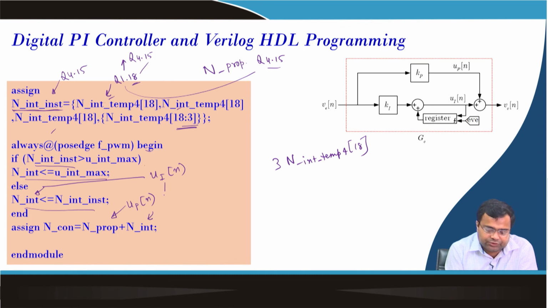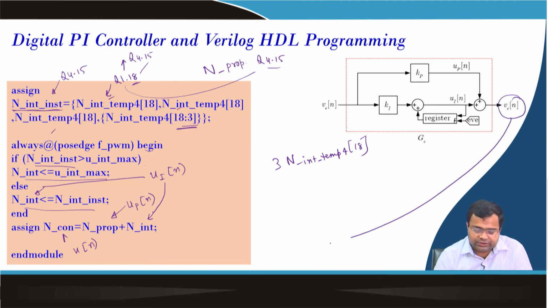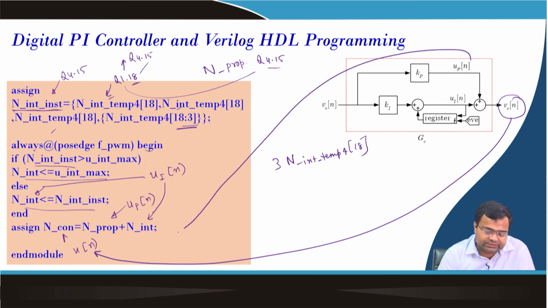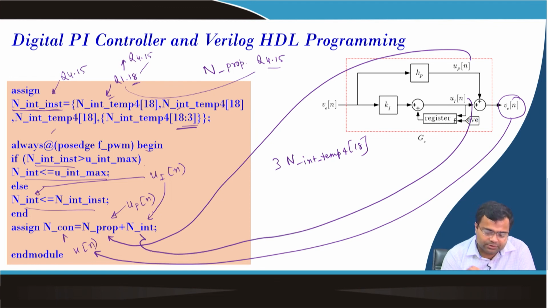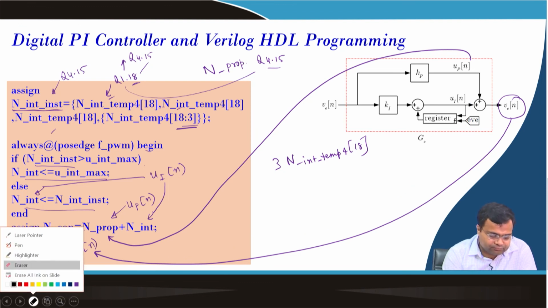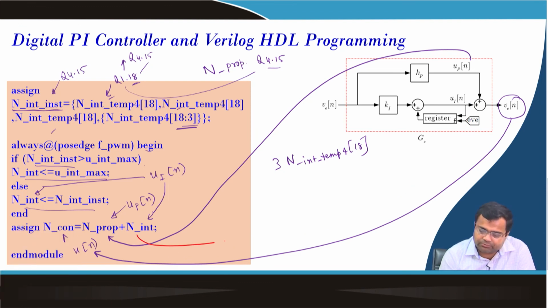So, this is your uI(n), and this is your now u(n), that is your control output, which we typically consider. So, this is the one which is this one, and this integral term, we will use this term here.